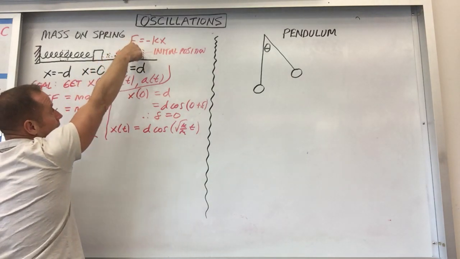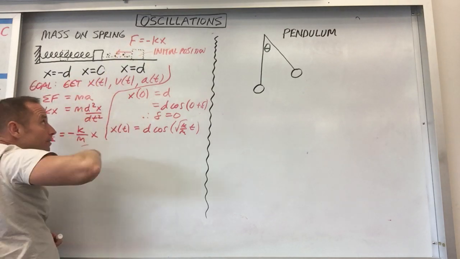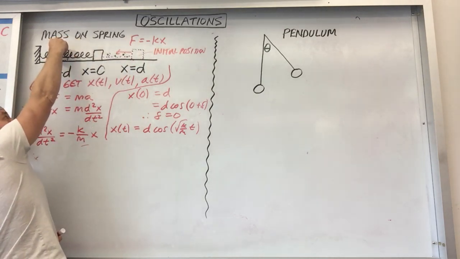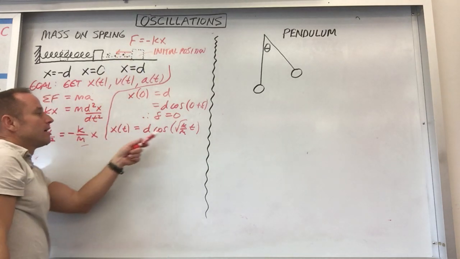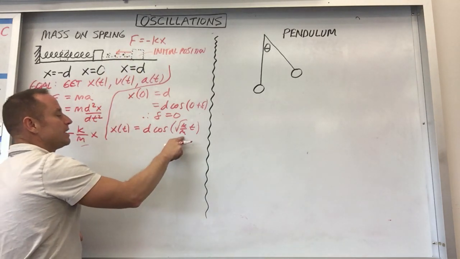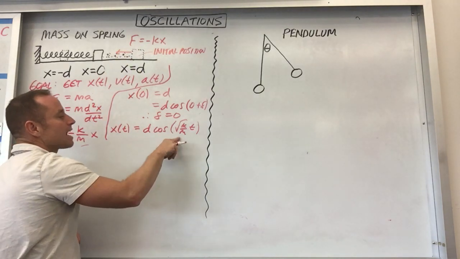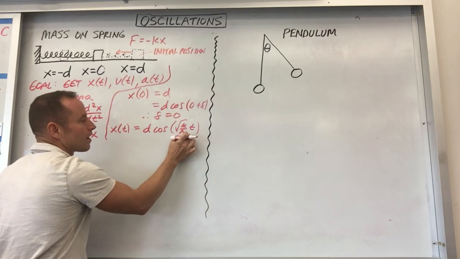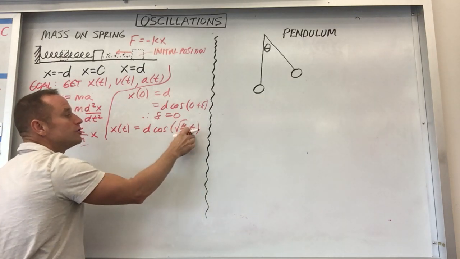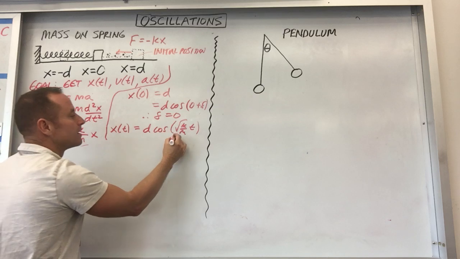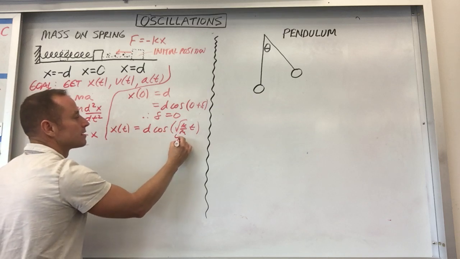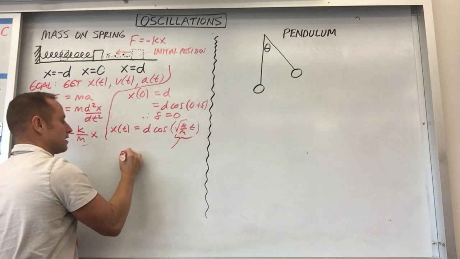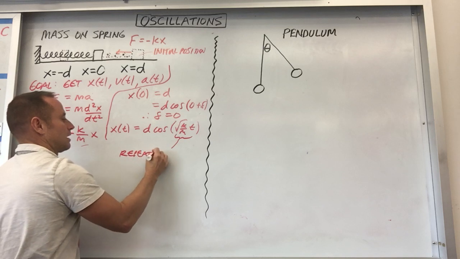So if you start it here, you let the trig function run, it oscillates over here and then it oscillates back. This cosine function repeats every time this part of the function reaches a multiple of 2 pi.